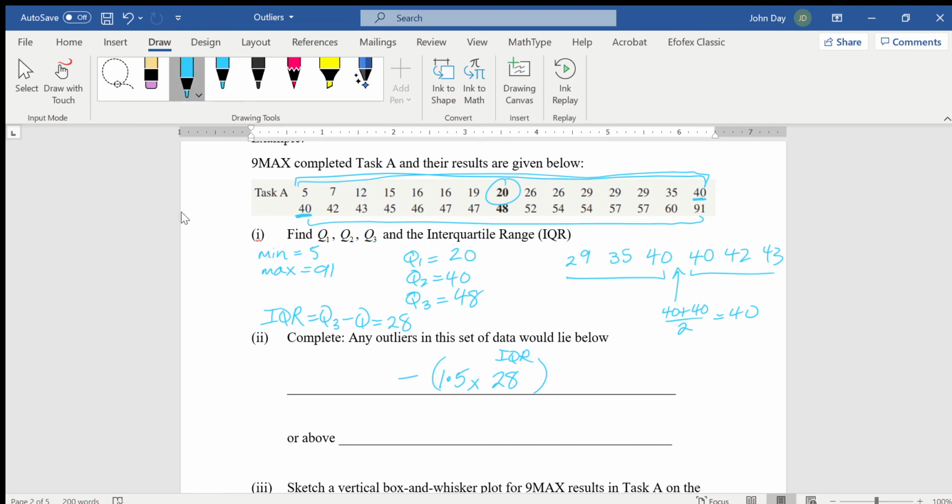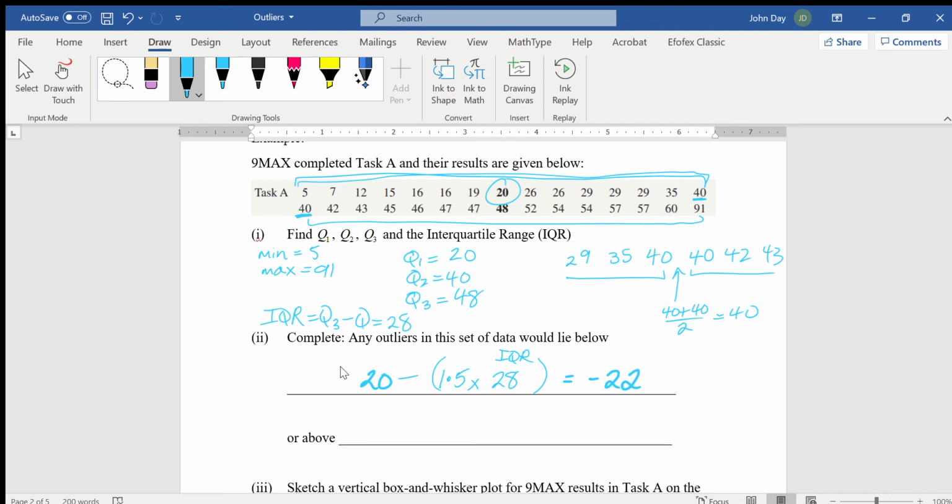Q1 is 20. So you would be allowed to be 20 minus 1.5 times 28. Well, that's kind of irrelevant for this set of data because it's negative 22, and of course, no data's down in the negatives. So that number 5, our minimum bit of data, that's cool. That's not an outlier. That's as far down as it goes.